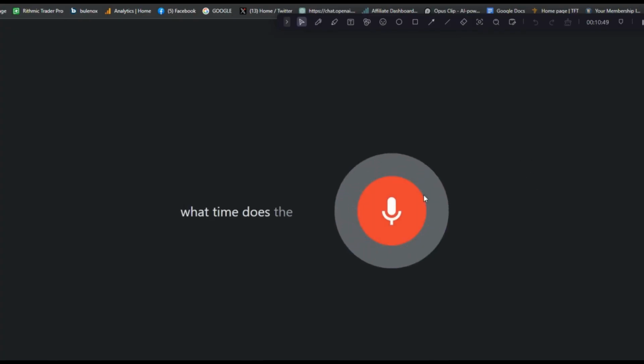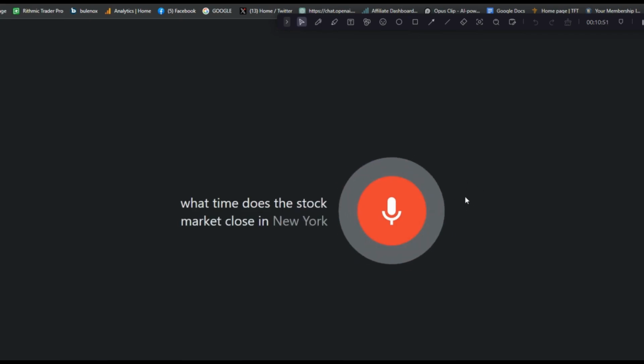We're going to imagine that this is the New York close right here. Now this right here is the price action at the New York close, by which I mean the New York session close. What time does the stock market close in New York Eastern time?